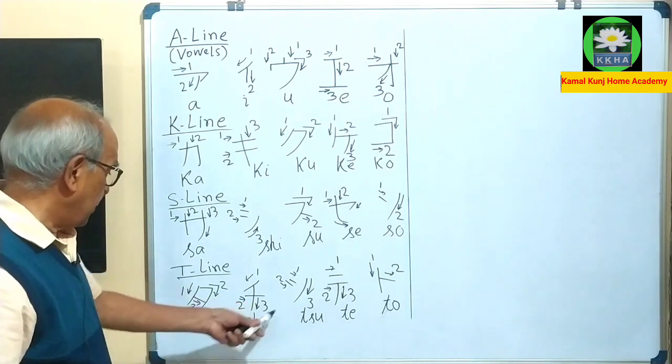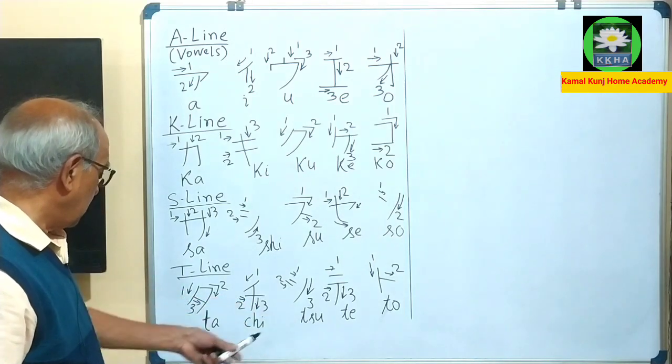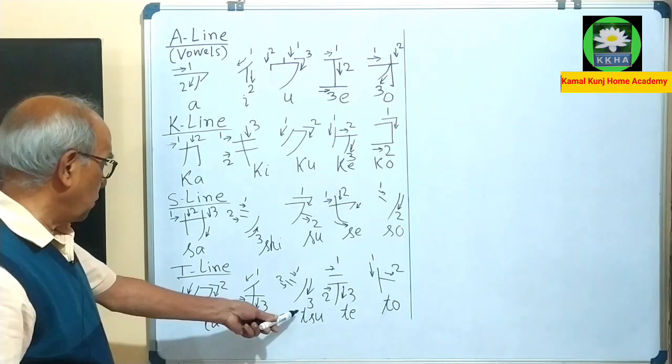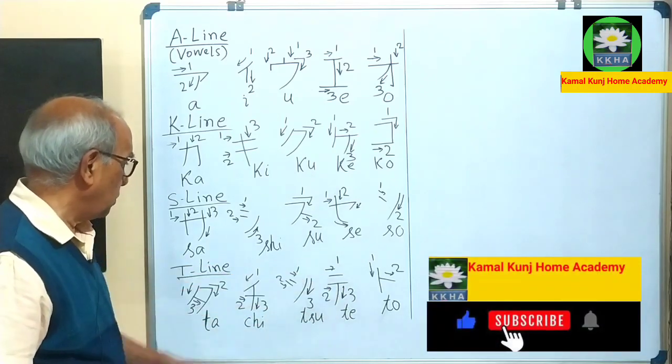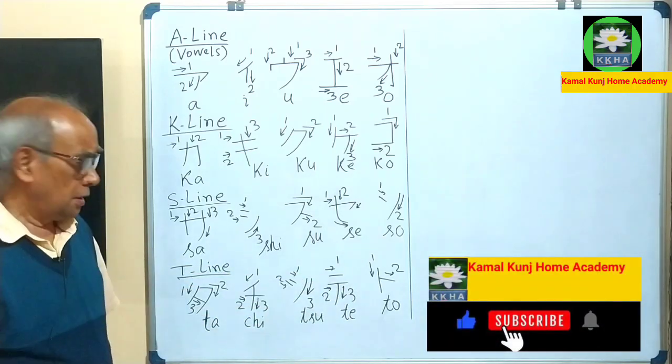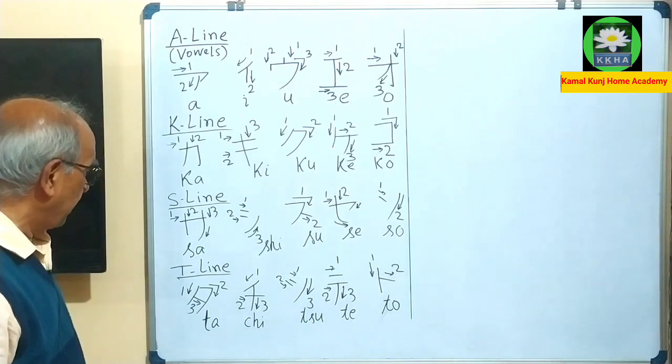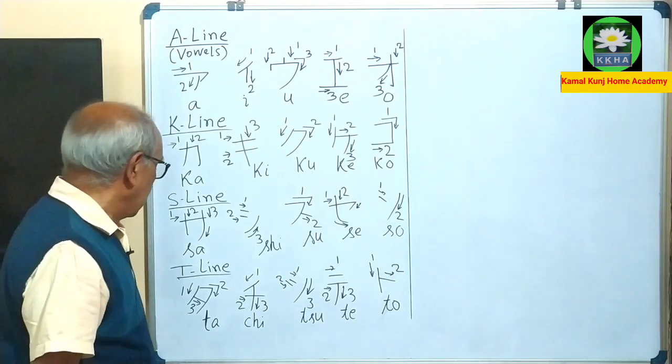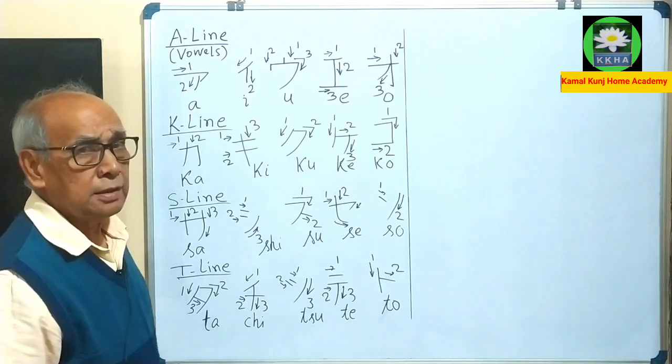These two are exceptions, chi and tsu. So they are ta, chi, tsu, te, and to. These are T line katakana. Next is N line katakana.